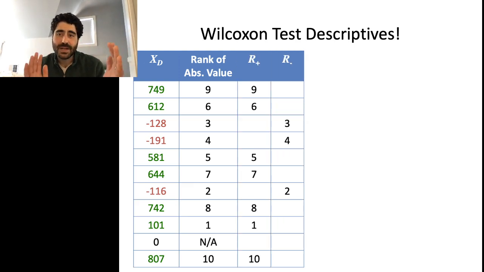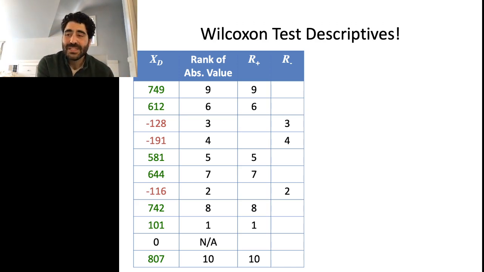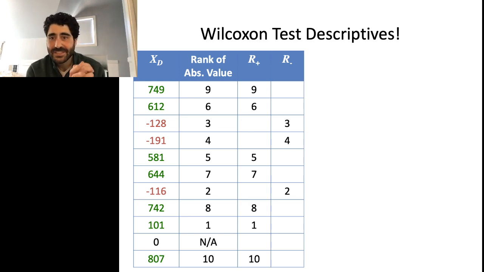We're going to divide up these ranks to say which ones came from positive changes and which ones came from negative changes. And so you can see in this data set, there were 1, 2, 3, 4, 5, 6, 7 positive changes, 3 negative changes, and 1 zero change, right?